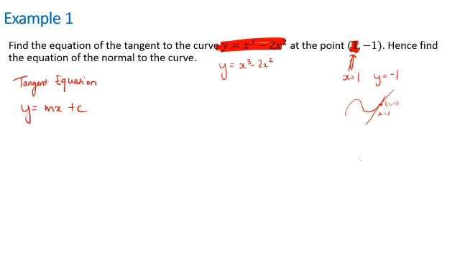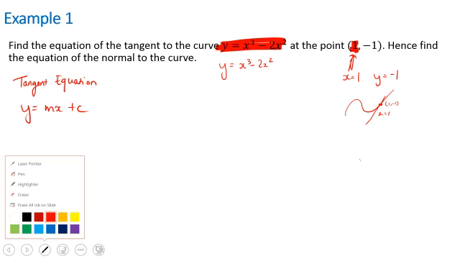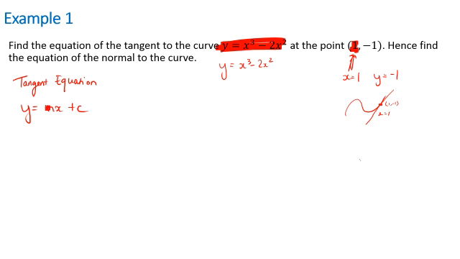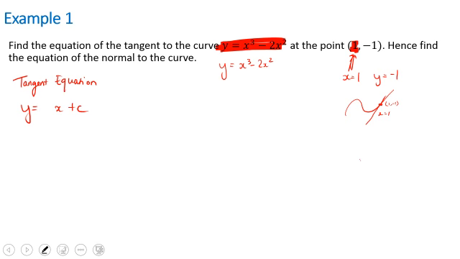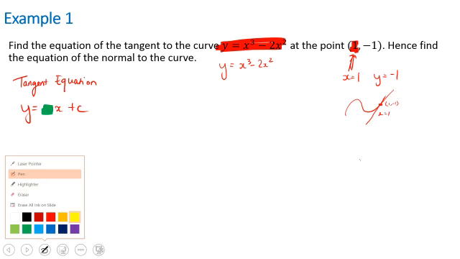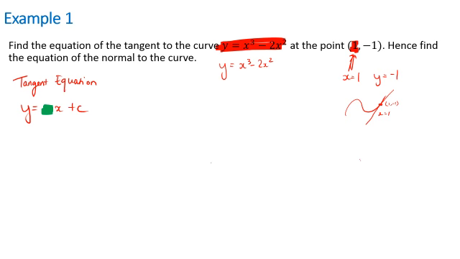We know as well that we can find out m by simply differentiating the problem here. So you can find out m by differentiating the curve.